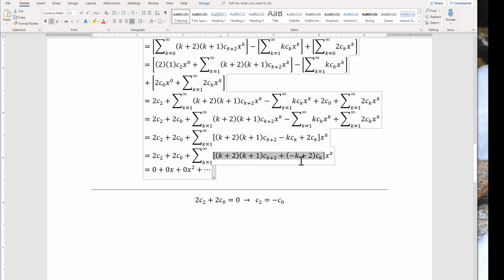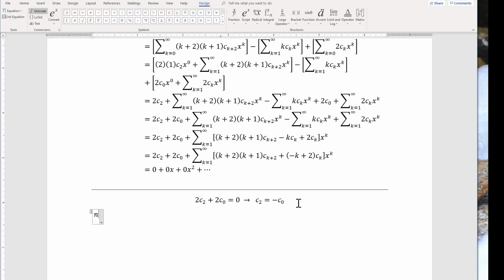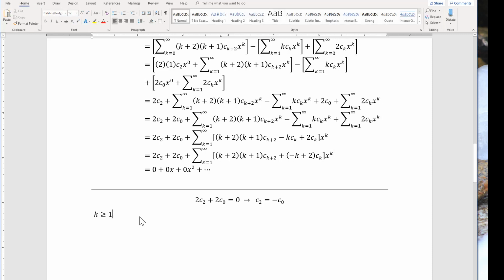Next I want to set each of these coefficients equal to 0. Now remember, the x to the k is just going to be the variables. I don't really care much about that. I just care about these things equaling 0. So we have, for k bigger than or equal to 1, we'll start at 1, that's when the series starts. I guess we should be using k. We have this relationship: this coefficient of x to the k is equal to 0.